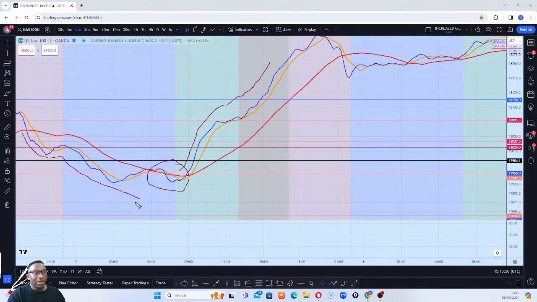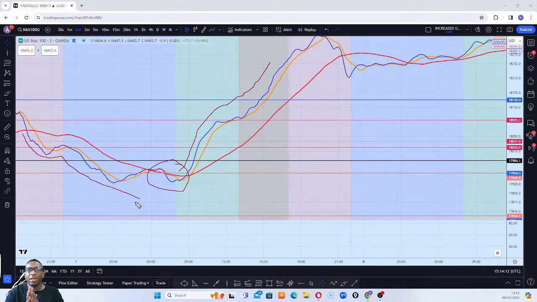There are three things that price does: either it goes up, it goes down, or it goes sideways. Those are the three things that price does.